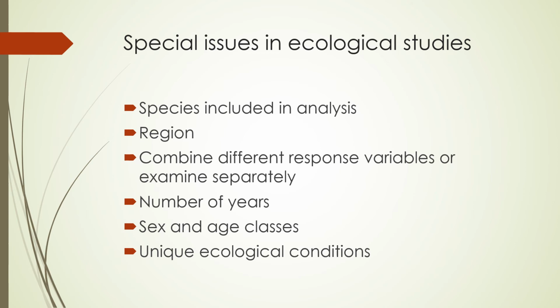And so we tend to think, well, longer number of years gives us a better measure of the true response of some perturbation on a population. But there are a lot of master studies where they can only collect data for 1 or 2 years. So does that mean you exclude all those in your meta-analysis, or do you throw them all together? Or do you do, like I talked about, a sensitivity analysis and see if the results are consistent based on number of years?